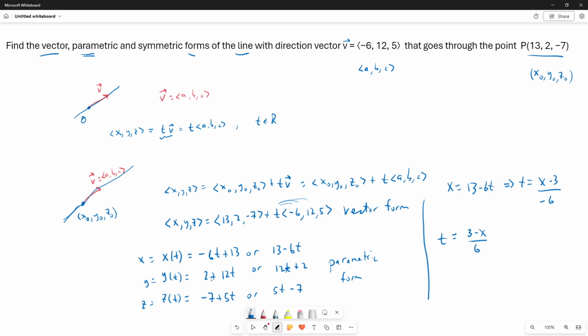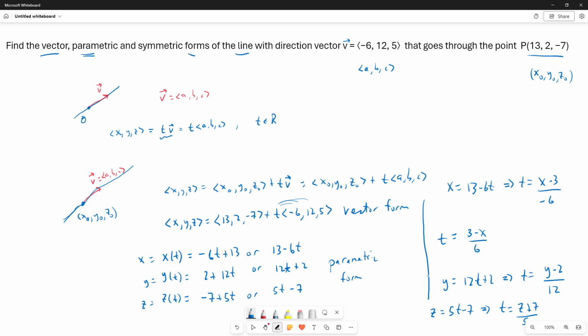And we do the same thing for the y equation. So what was y equal to? y is equal to 12t plus 2. And that tells us that t is equal to (y minus 2) over 12. And the third equation, z equals 5t minus 7, gives us that t is equal to (z plus 7) over 5.